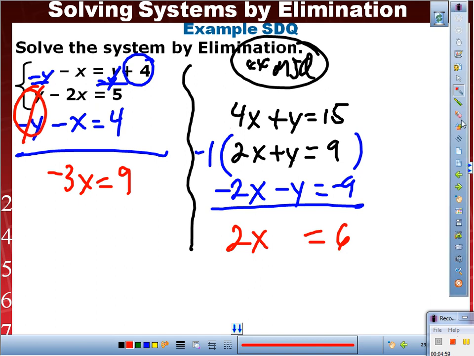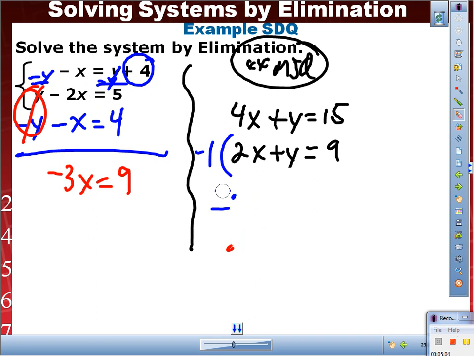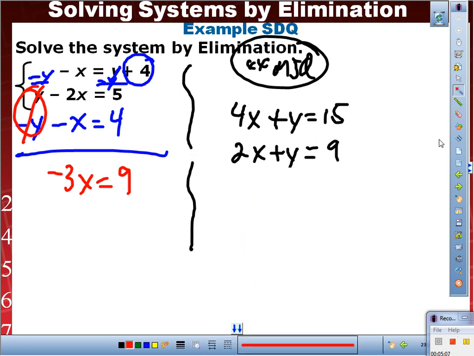How about this? Those two examples that we just did are eliminating the y, right? So think about this. What if I wanted to eliminate the x, though? What would I need to multiply this second equation by?